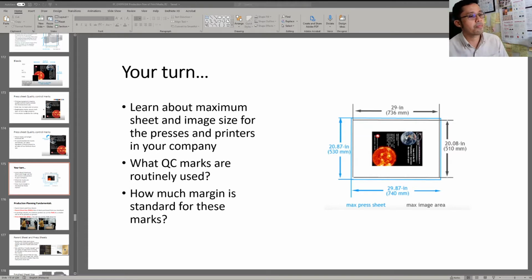Time is up. Anybody want to share with me what is the maximum sheet and maximum image size for their project, for their press, for their presses? To print your final project?